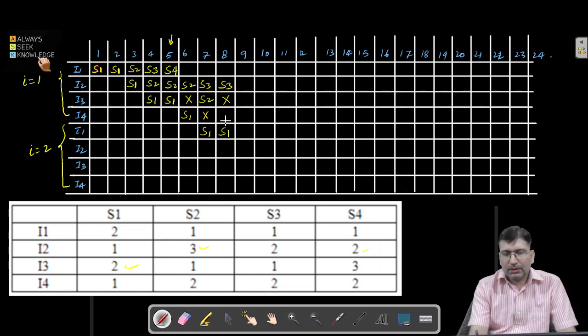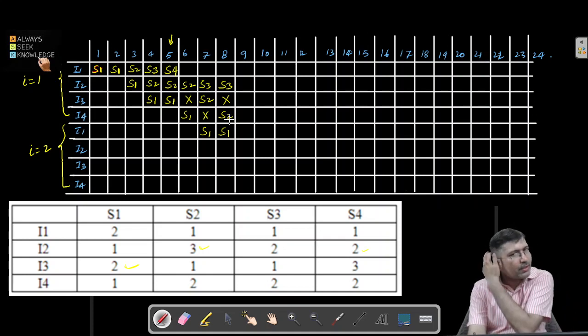Now I3 is done with S2 because it was consuming just 1 cycle there. Although I3 is not able to shift to S3, the S2 assembly was available, so I4 has been shifted to S2 here, right?